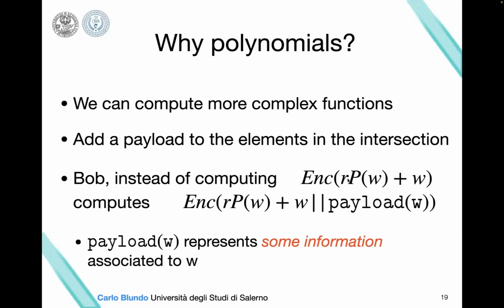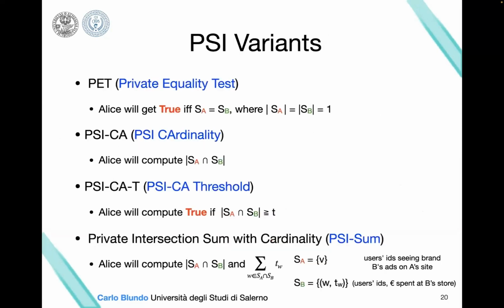For instance, in the protocol, we compute the encryption of R times P(W) plus W. We could concatenate this with a payload, and the payload could represent some information associated with W. So when Alice decrypts this encryption, she will get either a random value concatenated to a payload or a value in the intersection concatenated to the payload. Then she can use the payload as she likes.